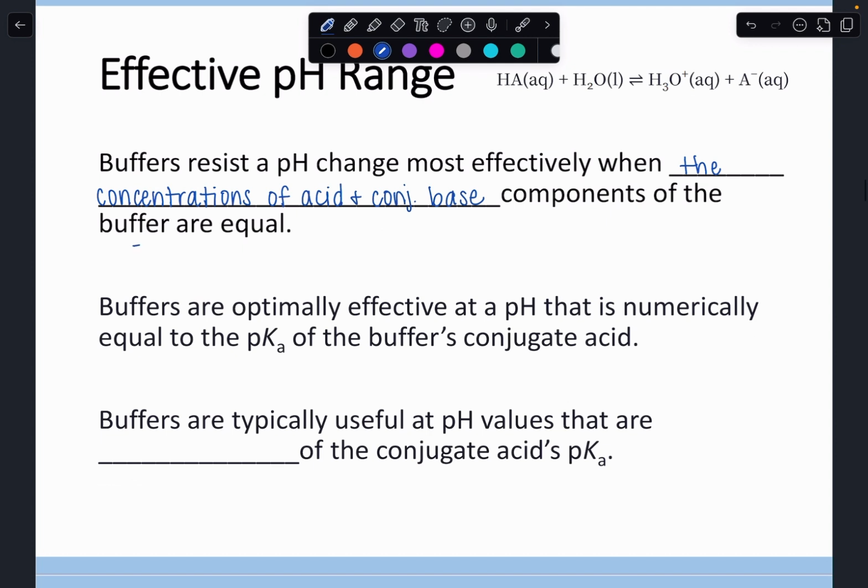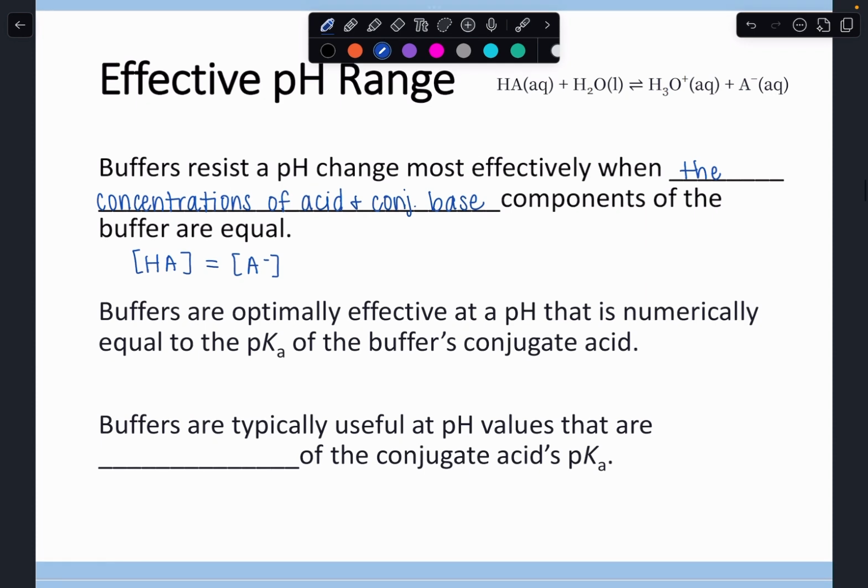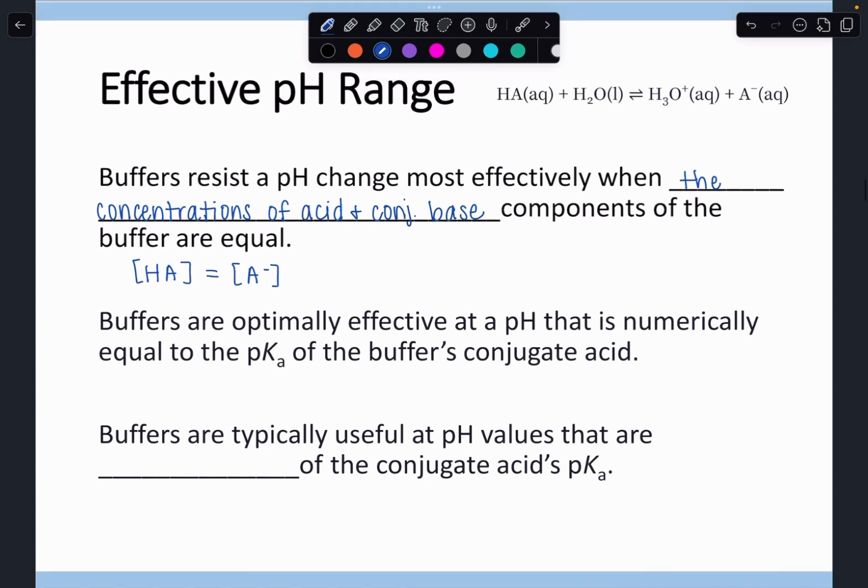If equal amounts of HA and A minus are added to solution, that will be a better buffer solution. It'll more so resist change in pH.